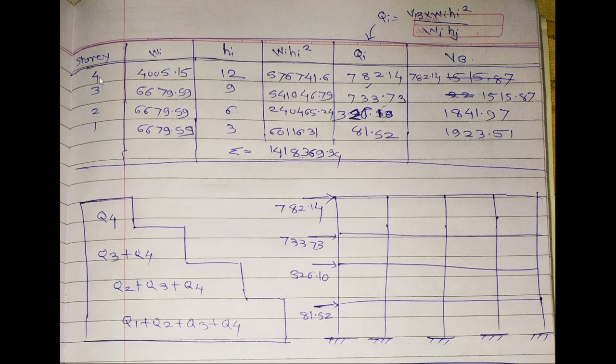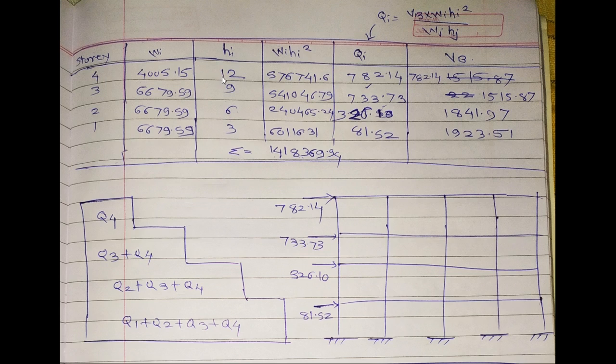For story number 4, we are considering W1 because it is a roof. So W1 value will be put here. This value is W2, W2, W2. Height of each floor accordingly: this is height of 4th floor, that means 12 meter, 9 meter, 6 meter and 3 meter for first story.